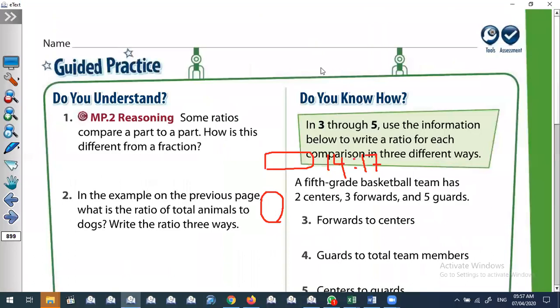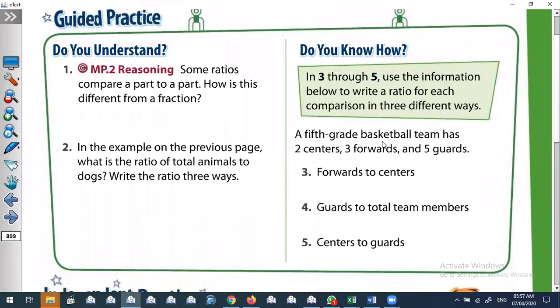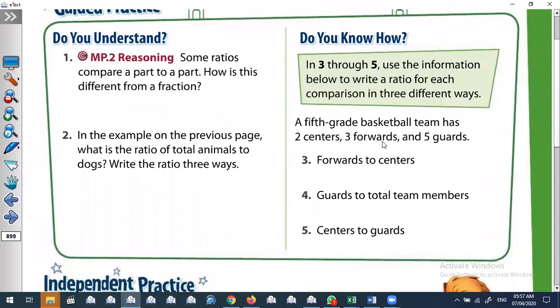Let's solve exercises to understand this well. Here we have a 5th grade basketball team that has 2 centers, 3 forwards, 5 guards. The first one, what is the ratio of forwards to centers?